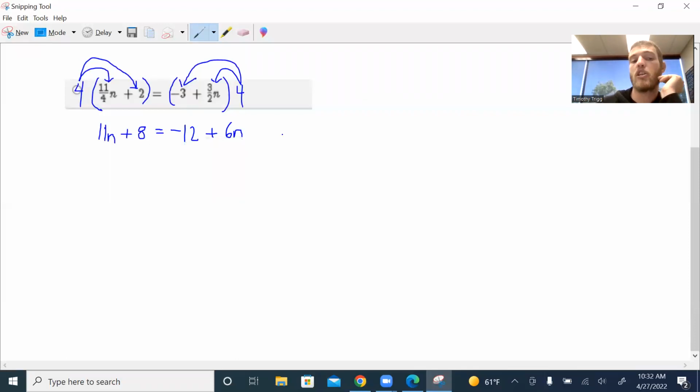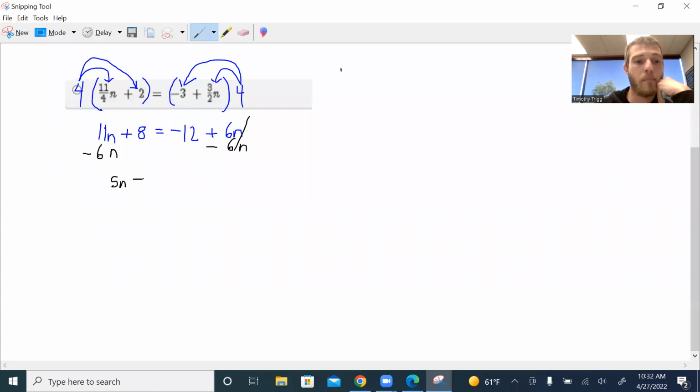Okay. Now it's much easier to solve because we don't have any fractions. Let's go ahead and subtract 6n from both sides. 11n minus 6n is 5n.